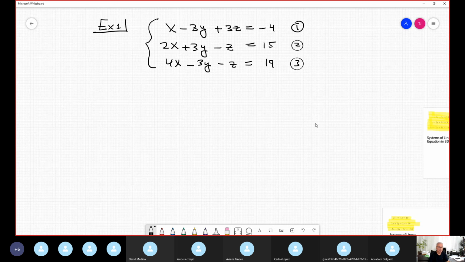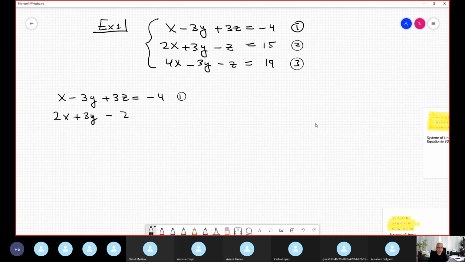Entonces in my paper, I select equation 1. I always copy the number because I need it as a guide. And equation 2, because I saw with my eyes que at least y is ready for elimination.